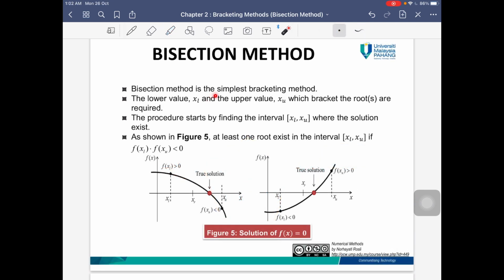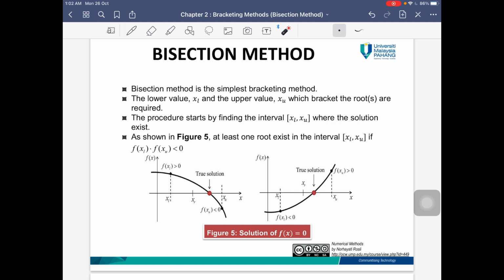The bisection method is the simplest bracketing method. The lower value x_l and the upper value x_u, which bracket the root, are required. The procedure starts by finding the interval x_l, x_u where the solution exists.